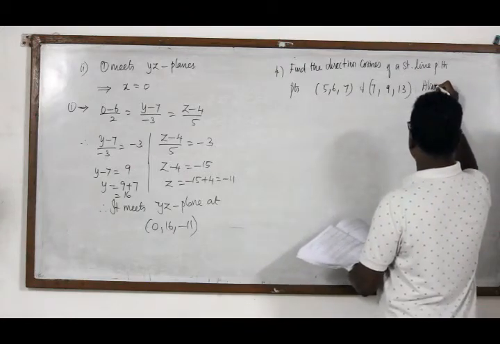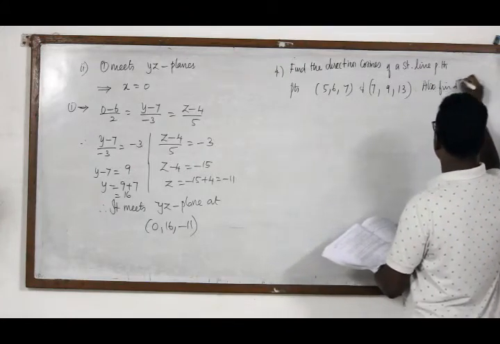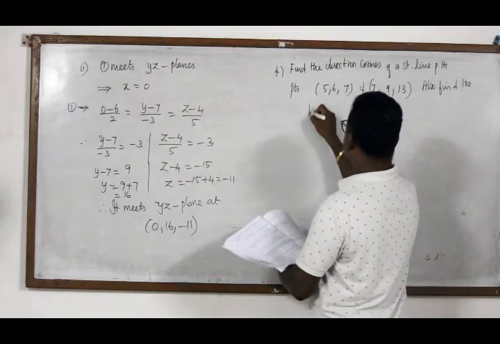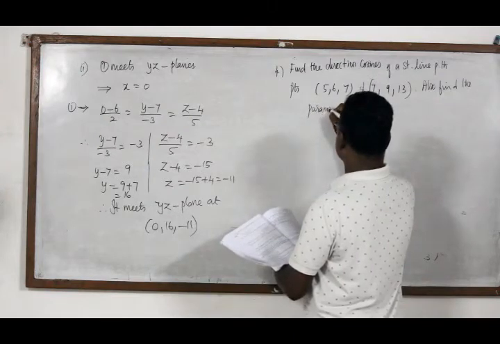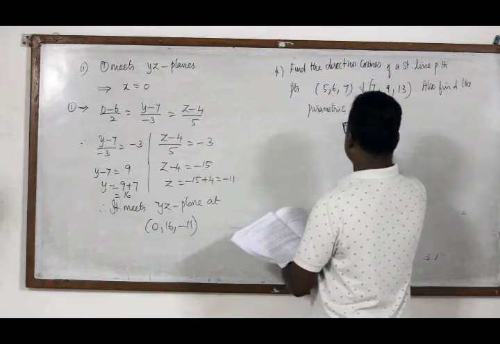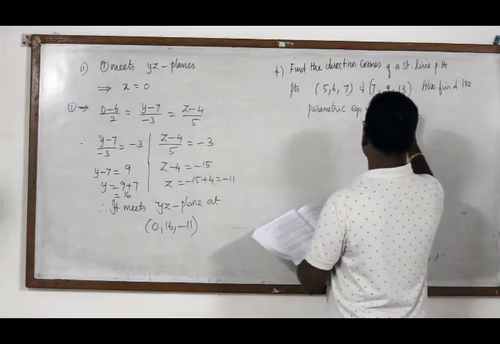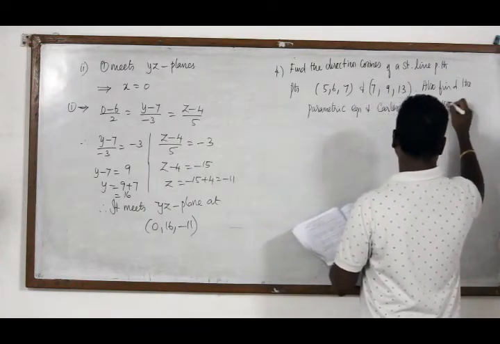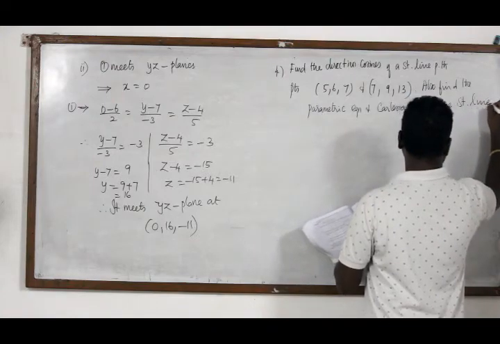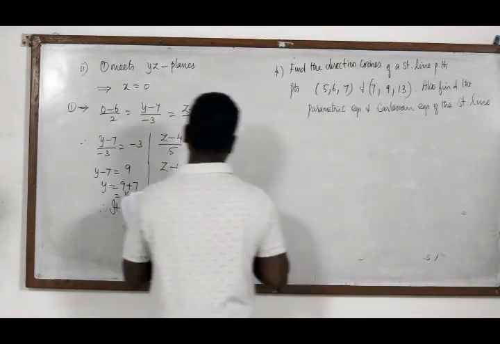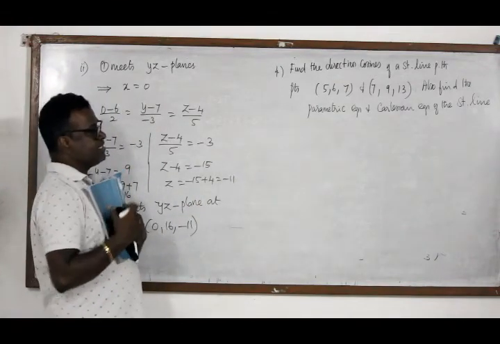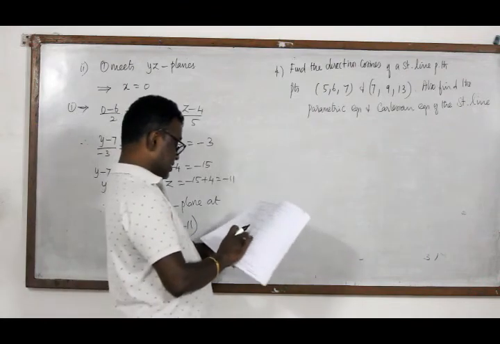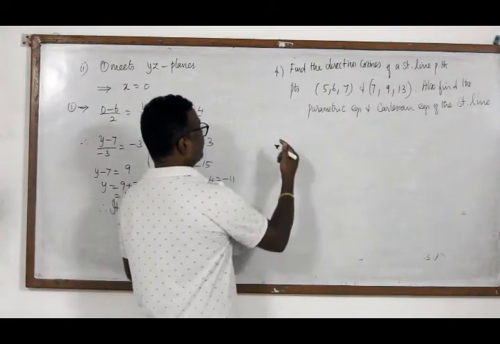Also find the parametric form and Cartesian form. Parametric equation and Cartesian equation of the straight line. First we shall find the straight line in parametric form and Cartesian form, and then we shall find the direction cosine.